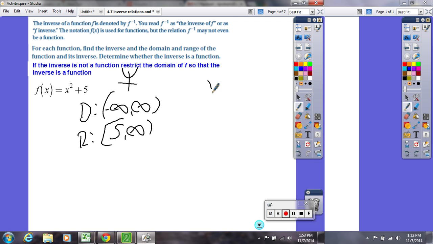So therefore I have x equals y squared plus 5. So right there, that makes us a parabola, like this. But I don't like to have things solved for x. I like to have things solved for y, correct? So therefore I subtract the 5. And then what?